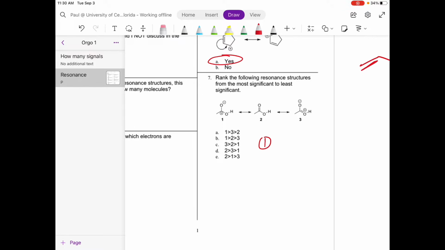So when we take a look at molecule 1, we can see that the carbocation right there only has 6 electrons around it, and every other atom, the oxygen right there, has an octet. How do I know that oxygen has an octet?